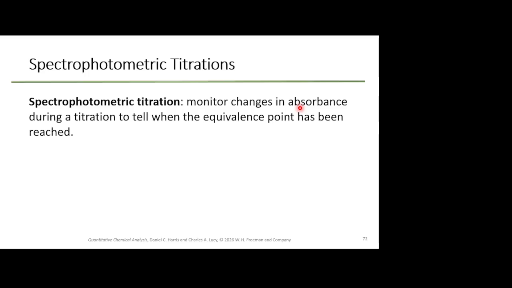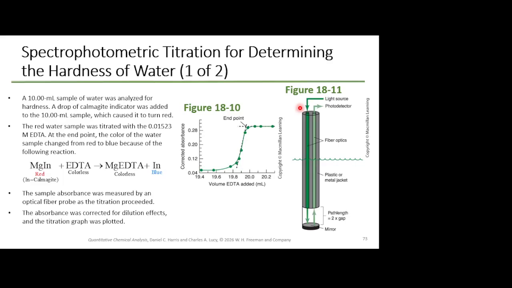So basically, the spectrometer takes the place of your eyes, and it can do it for things that are not visible to you, right? You can do this with infrared, you can do this with near infrared, anything you want, really. And it actually is very, very useful and very nice. You can actually automate the process to some degree, where you'll stop the titration automatically if it detects that frequency of light.